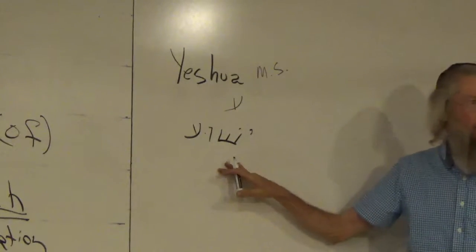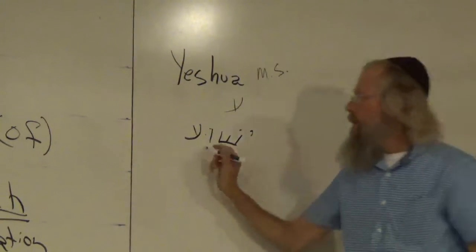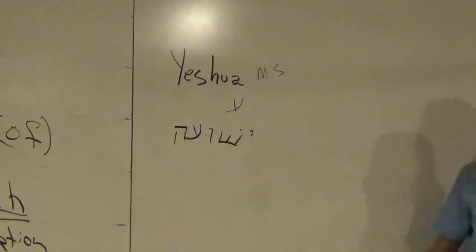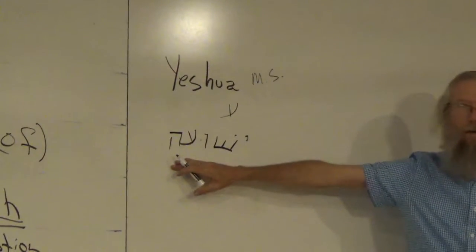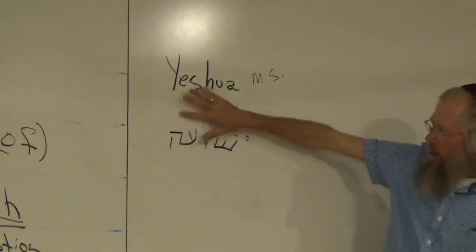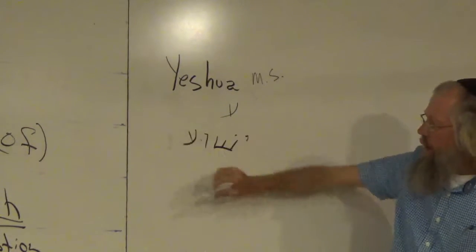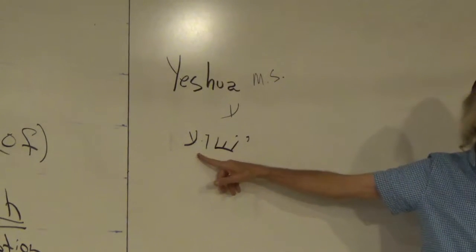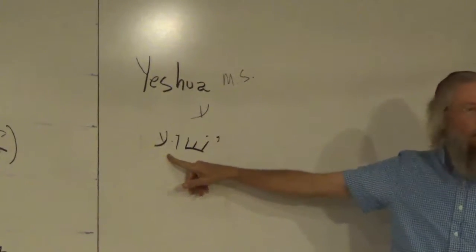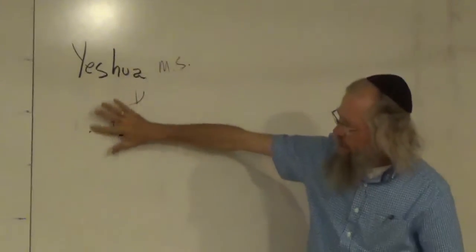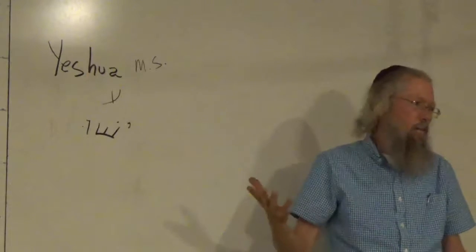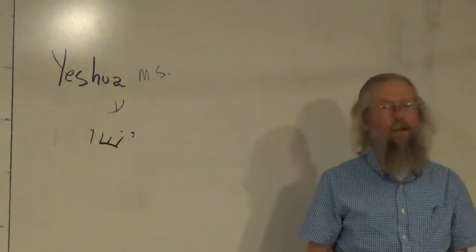Can everybody see? Technically it would be that with the he at the end, Yeshua. So to make it masculine, you drop that. Now you're ending it with an ayin. That makes it masculine because it's another consonant, not the he. In Israel, they even take that off and they just call him Yeshu, which means forgotten. They won't speak his name.